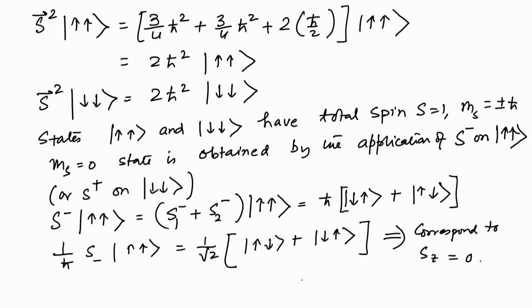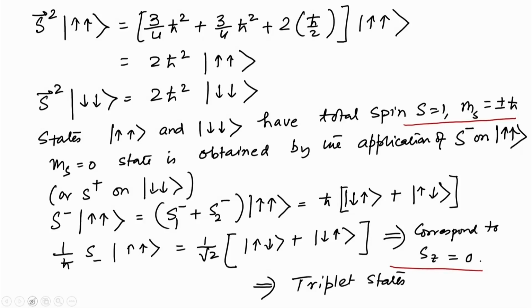The two that is coming over here with spin s equal to 1 and m_s equal to 1 is here, and the other one comes from here. So, these are the three states, and now we will just look at the singlet state, which corresponds to s equal to 0, m_s equal to 0.